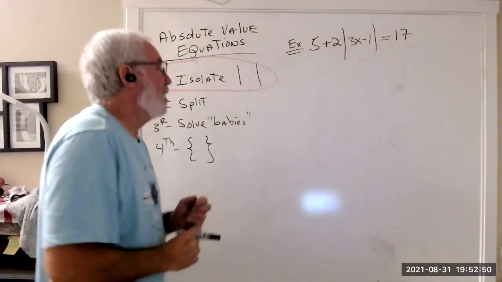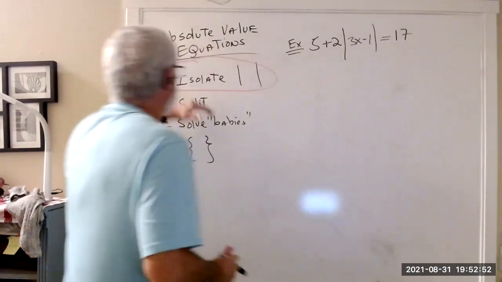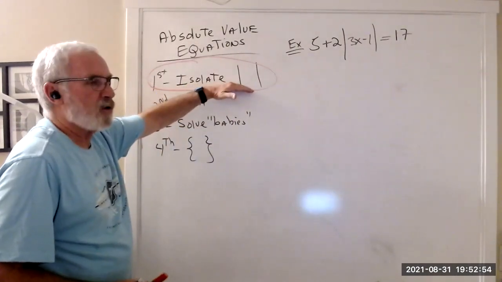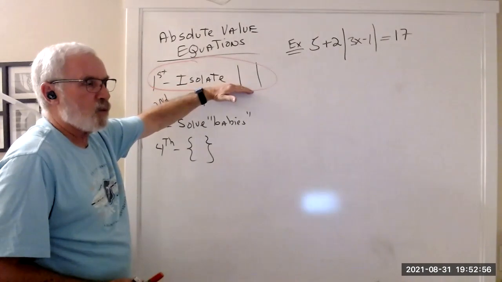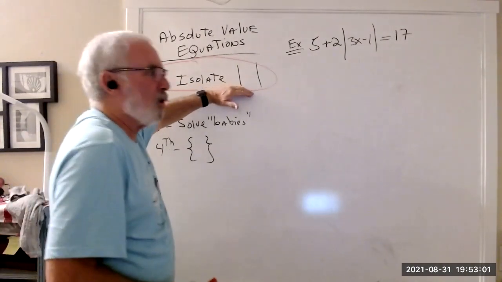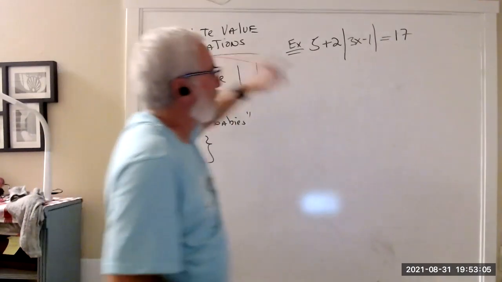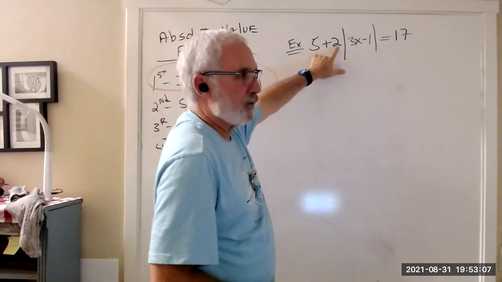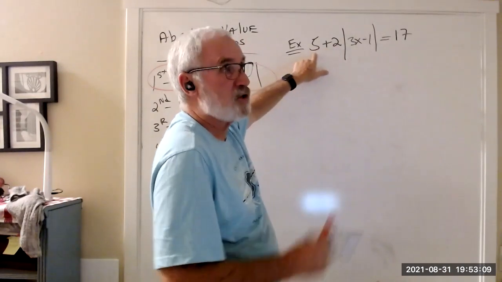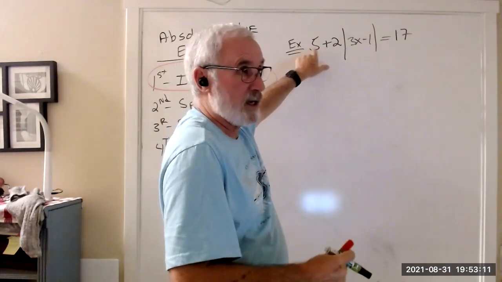The absolute isolate means get the absolute value all by itself on one side of the equal sign. So somehow or other, we have to get rid of the 2 and the 5. Legitimately, we just can't erase them. We got to get rid of the 2 and the 5.